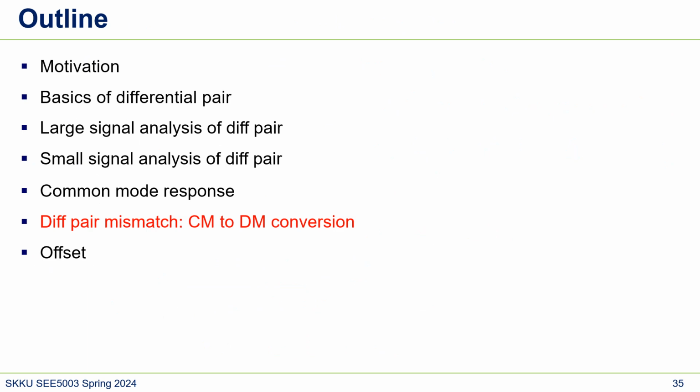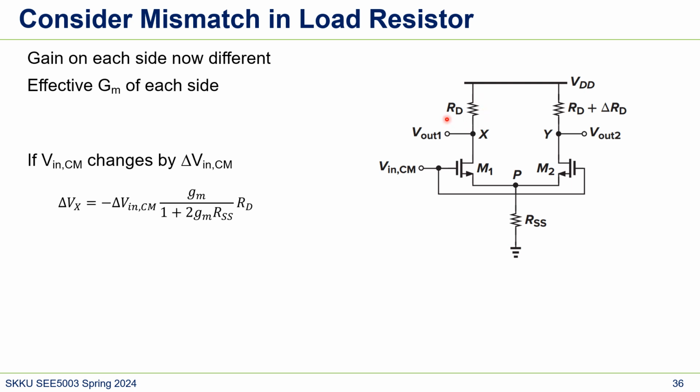Now let's see how common mode gain will be converted to differential mode gain if we have a mismatch in the differential pair. First case, assume that there's a mismatch between RD and RD plus delta RD. So this delta RD will be a mismatch. In this case, the gain on each side is now different, so V out 1 gain is not equal to V out 2 gain.